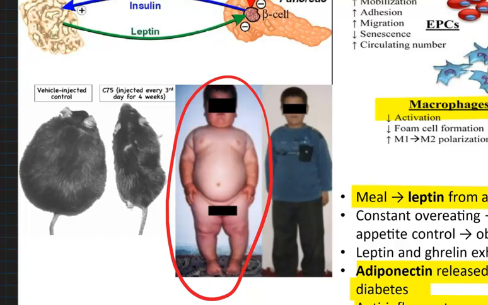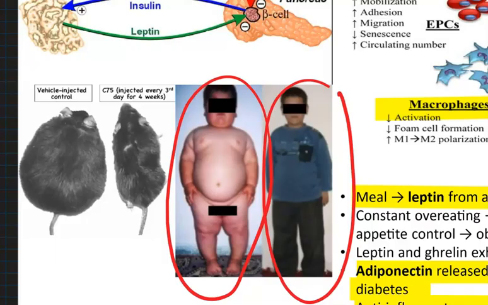He doesn't get full. On the right, the same kid after receiving leptin therapy.